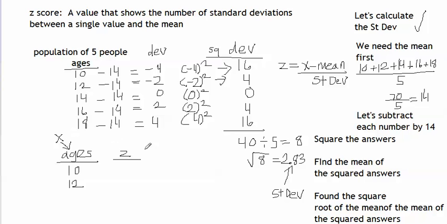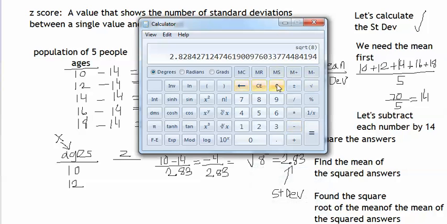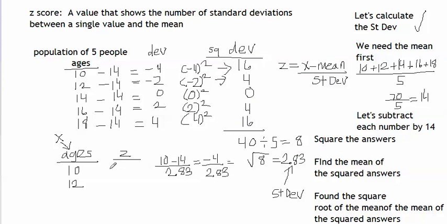So our first x is 10 minus the mean of 14 over the standard deviation of 2.83. We get negative 4 over 2.83. Well, 4 divided by 2.83 is 1.41, and then we make that a negative because it's a negative divided by positive.